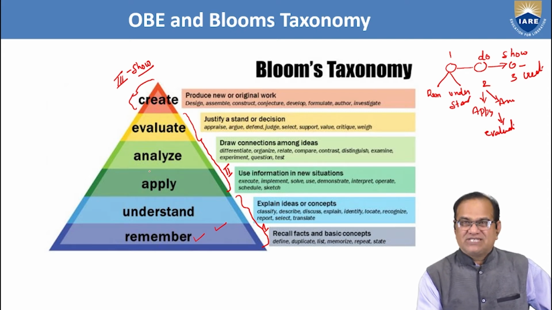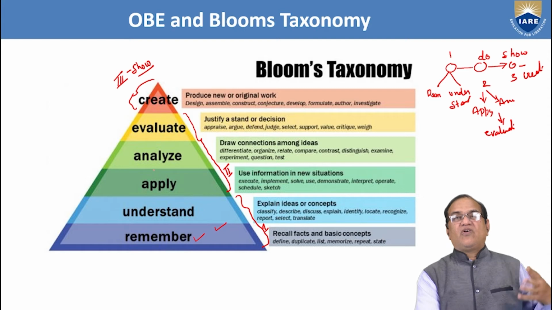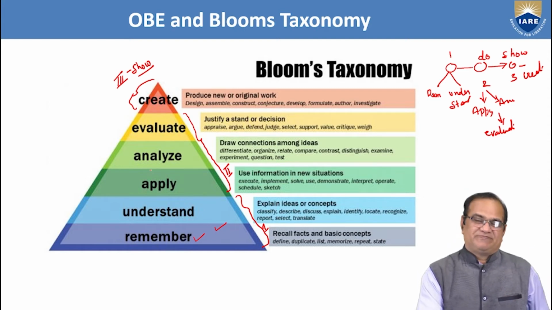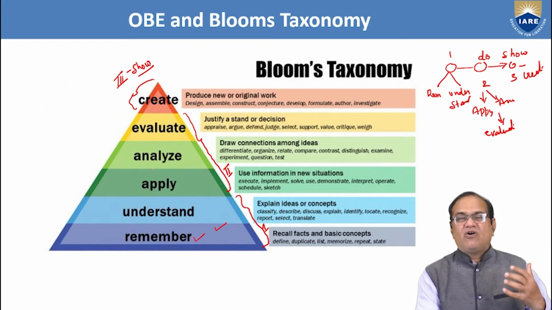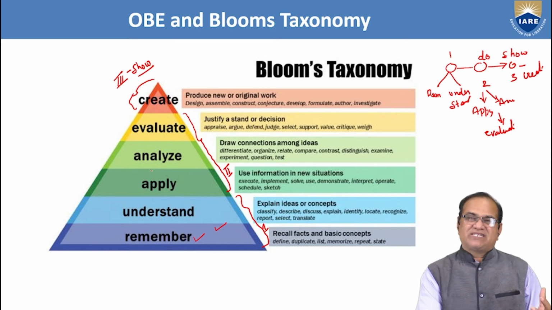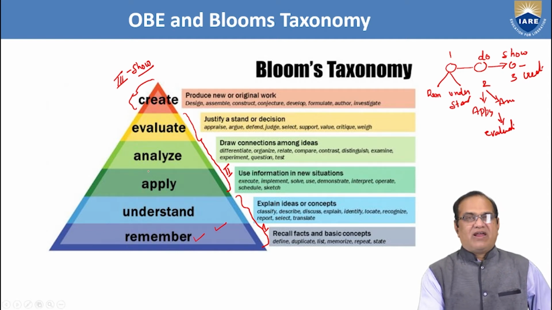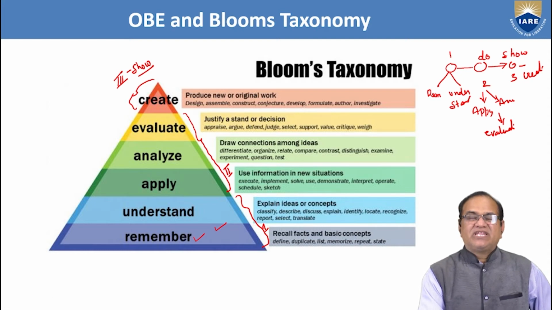If you are able to do all three things, then you go for creating the product. Based on the theory which you have learned in the class, try to make it a product, and that product has to be useful for some requirement in the society. Then only we can say that it is useful.